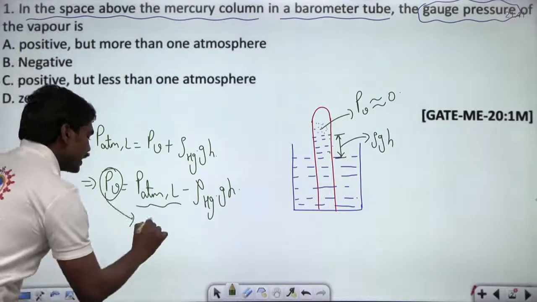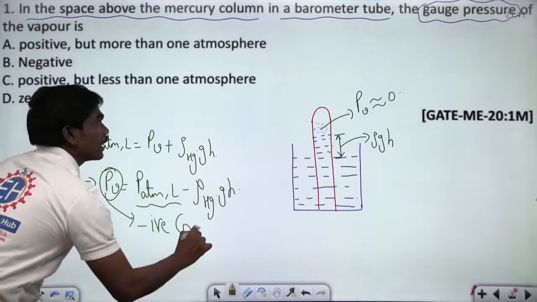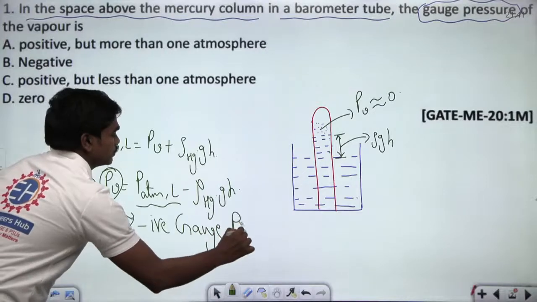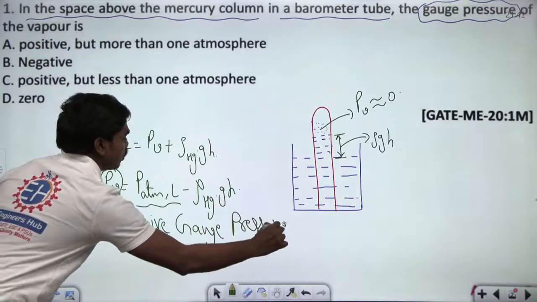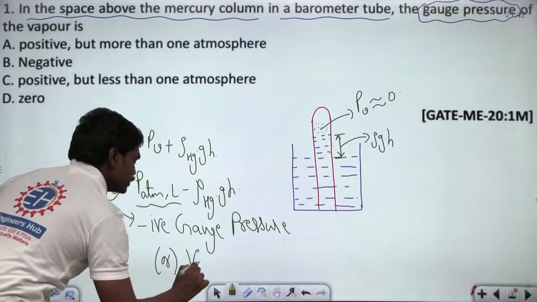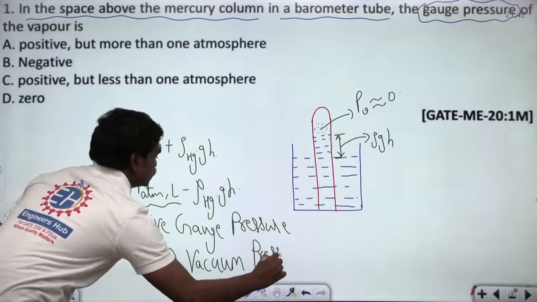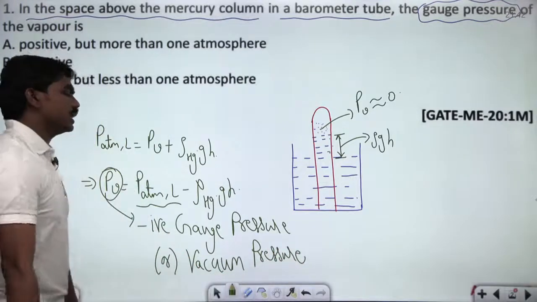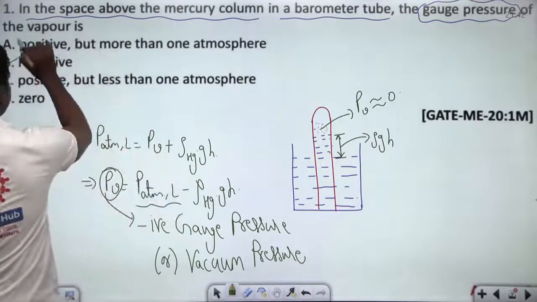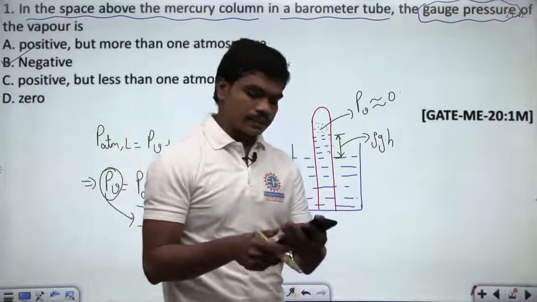So this is a negative gauge pressure, or you can also say vacuum pressure. This question has negative as the correct answer because the gauge pressure is negative, correct?